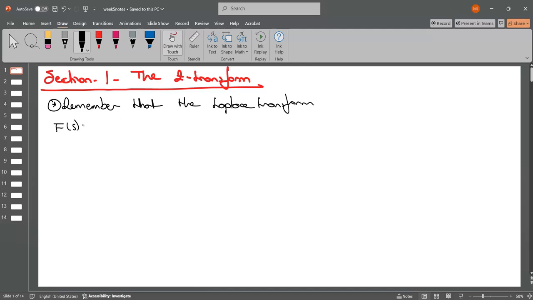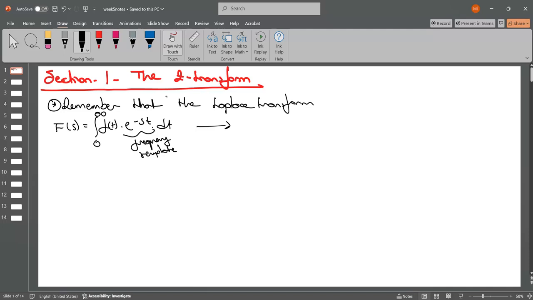F(s) is equal to the integral from 0 to infinity of f(t) times e to the minus st dt, right? And so this is the what? This is the frequency domain, right? Remember, which is the convolution. And so in the convolution, s is converted into another place in here.